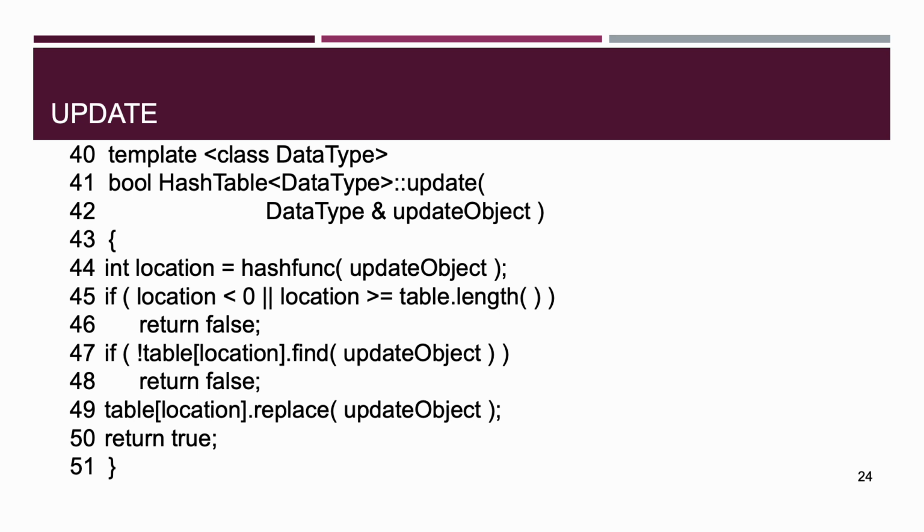This is done using the find method in the linked list class. If the object isn't found, the function returns false. If the update object is found, we proceed with the replacement. The replace method in the linked list at table location replaces the current object with the update object. Then the function returns true if the update was successful.